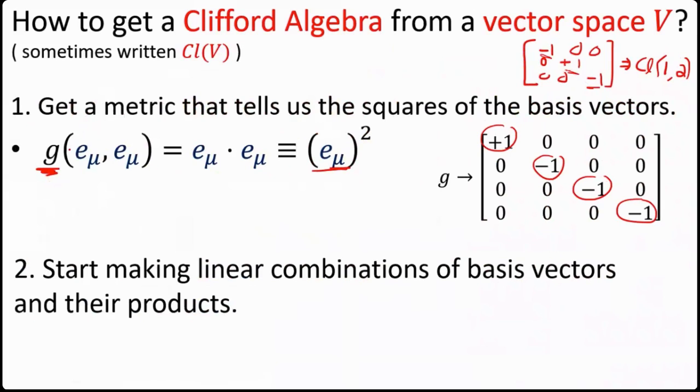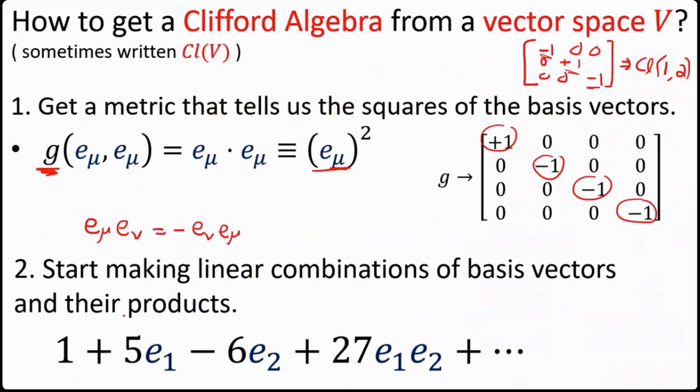And then, if you have this and you have the anti-commuting rule, where the multiplication works backwards with a minus sign, you can actually start adding linear combinations together. And I guess the interesting thing with Clifford algebras is that you can add scalars, vectors, bivectors, and trivectors all together in the same expression. So that might be a bit weird.